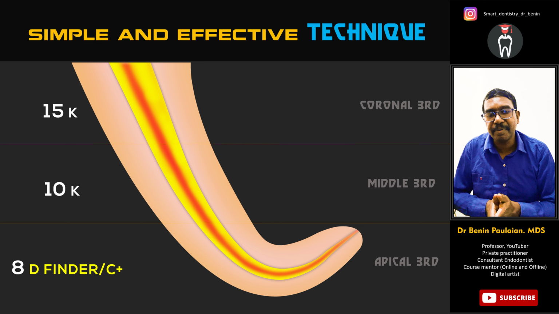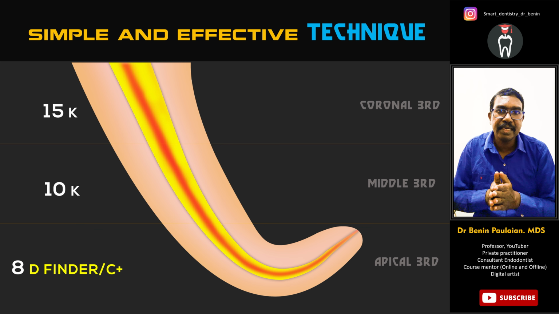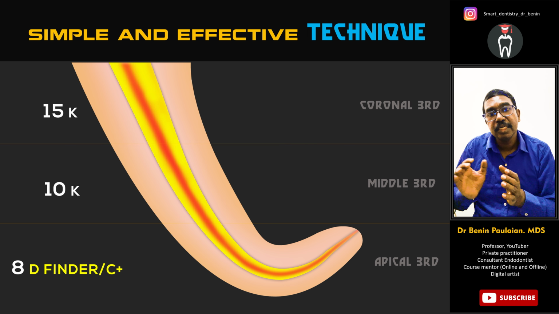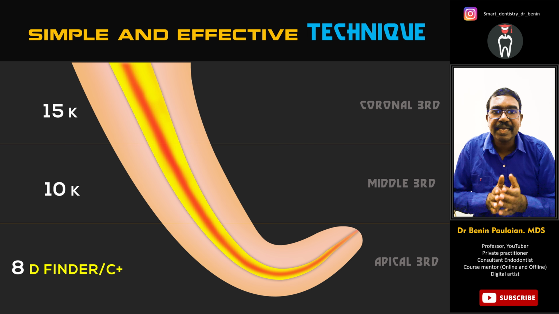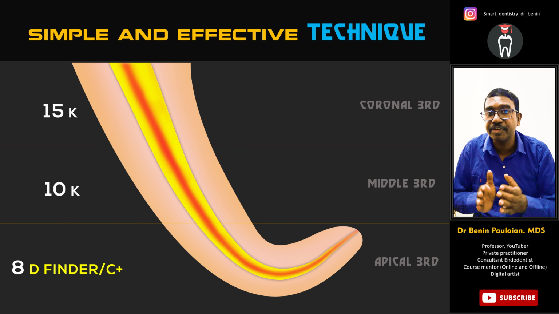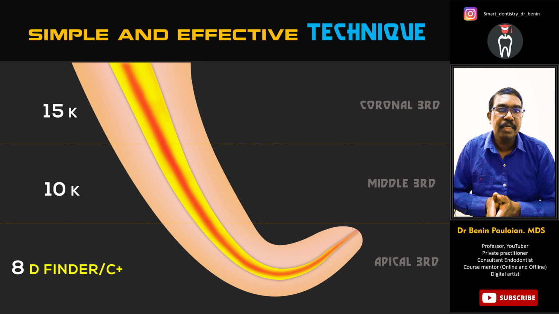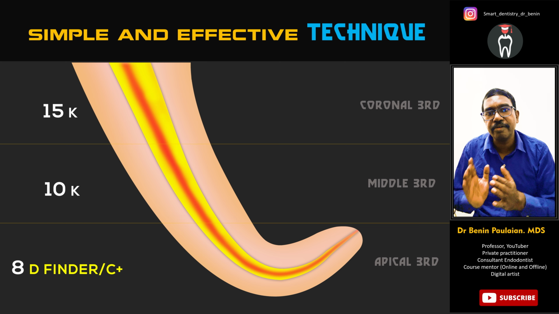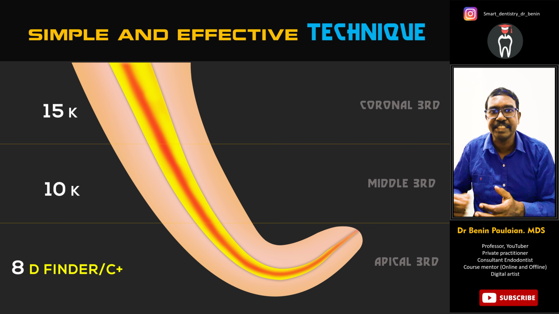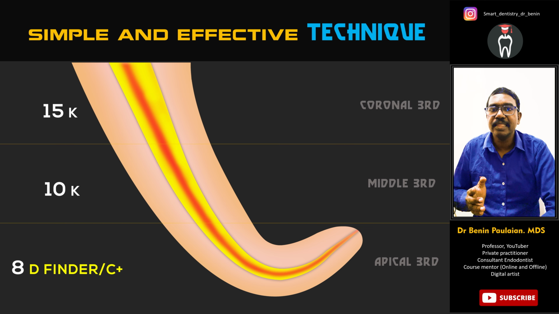But in the apical part, we need a file which is small, and at the same time narrow, and has the ability not to cause any apical transportation, but at the same time can pass through the calcifications if present. So all these mandatory requirements are fulfilled by the sequence of files that I am mentioning. So the coronal part, the size 15 file.